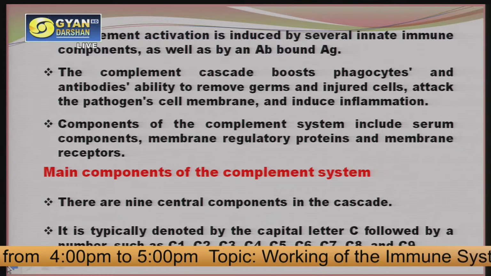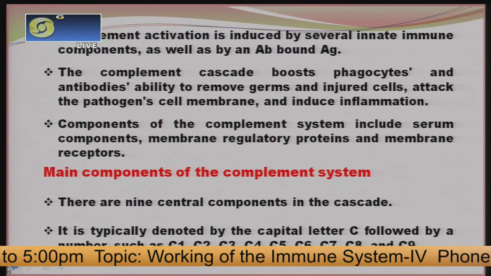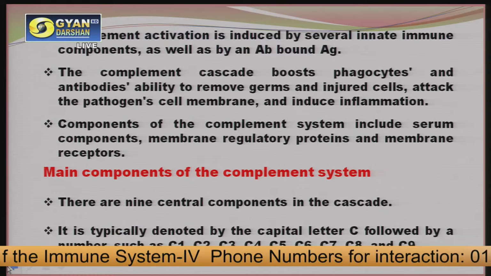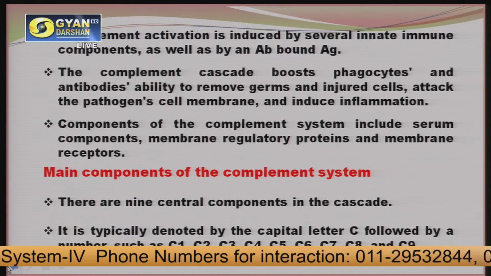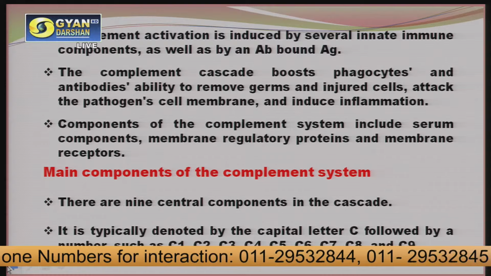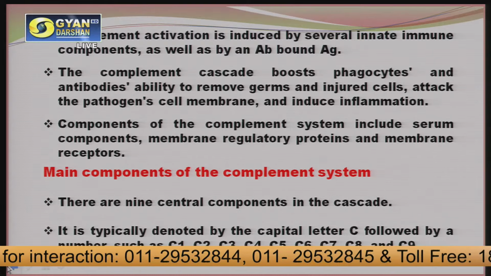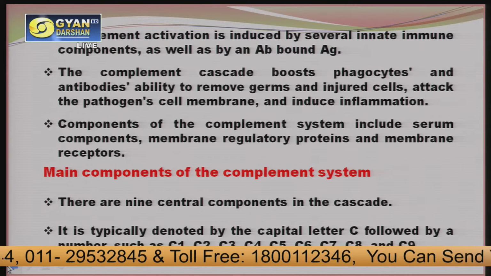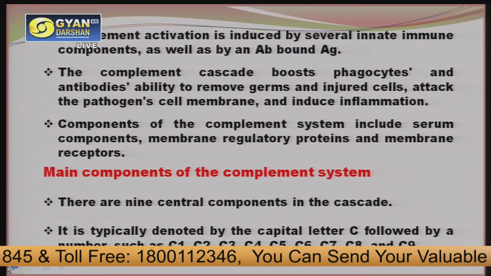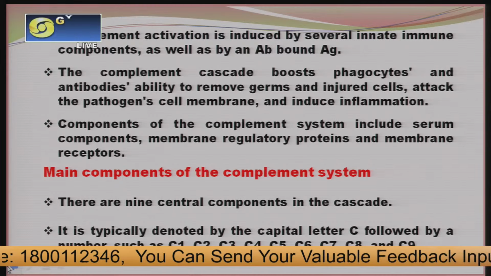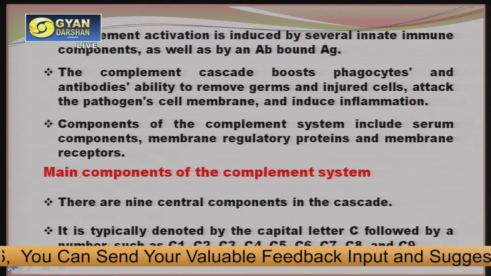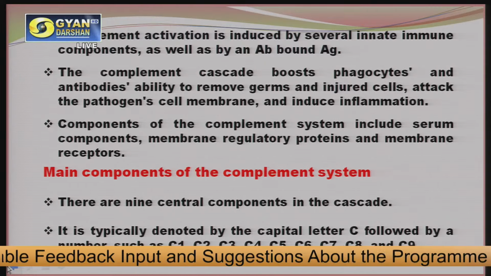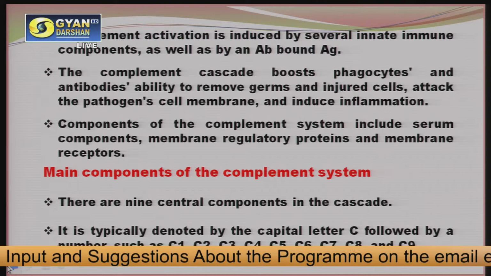They are typically denoted by the capital letter C, which means main component. These are C1, C2, C3, C4, C5, C6, and up to C9. These are the various complement system components which are involved in the different pathways.